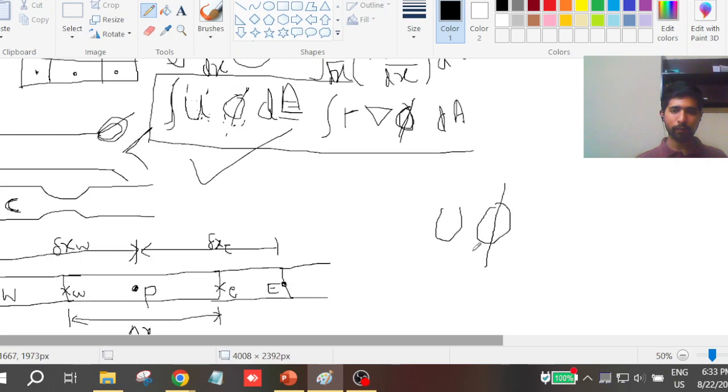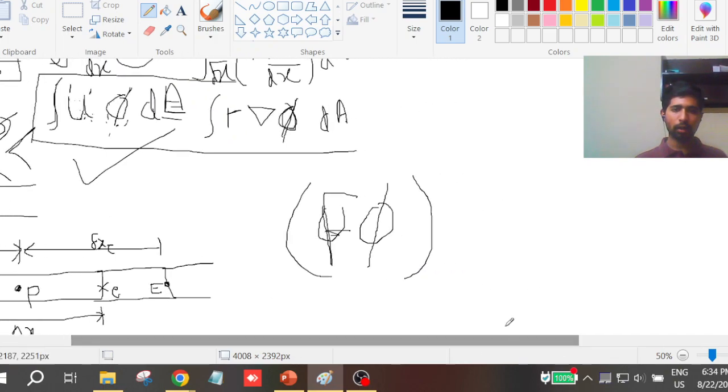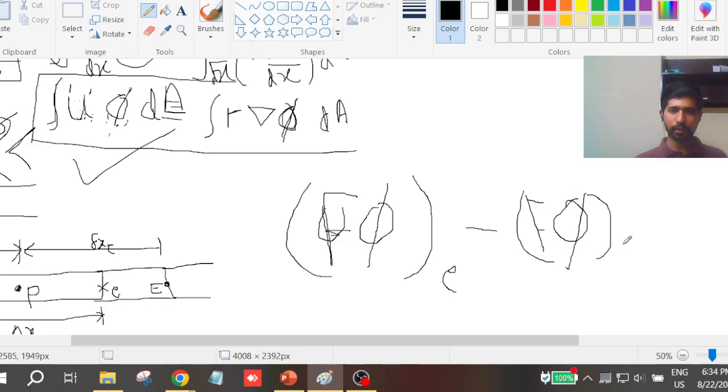In general it is called f in your weekly contents, f into phi along east minus f into phi along west. This is just your definite integral, which you might have studied in basic mathematics. Just the integral of this, f phi into dA will also be there, so you will get A here, and here also you will get A.